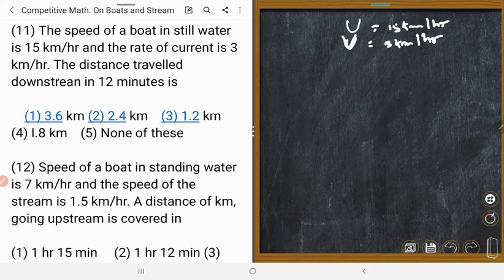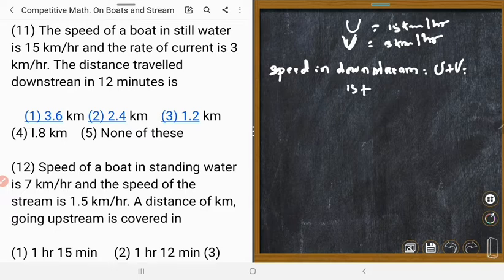The distance traveled downstream in 12 minutes is asked. So speed in downstream is equal to U plus V. U plus V is equal to 15 plus 3 is equal to 18, right?